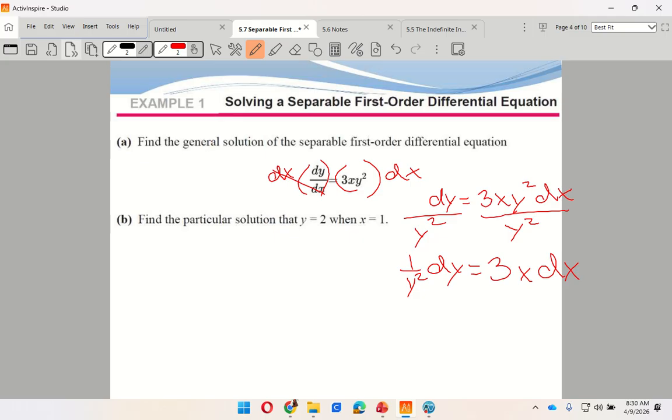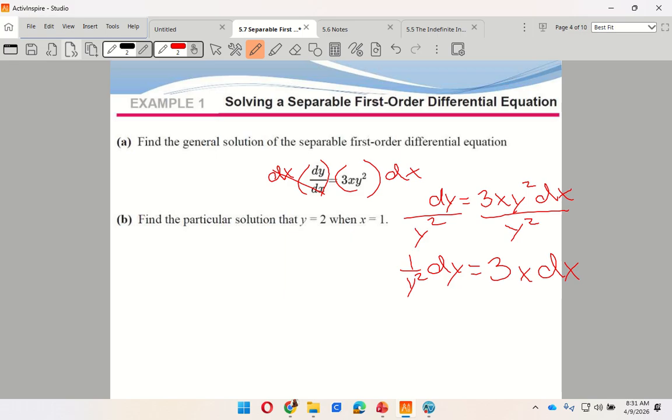Now, are my variables lined up now? They're on both sides. So, to undo the dy, to undo the dx, which is my change in y and my change in x, so my rates of change according to that, we're going to do the integration of both sides.